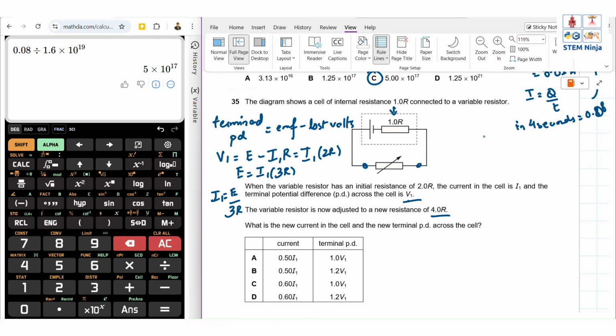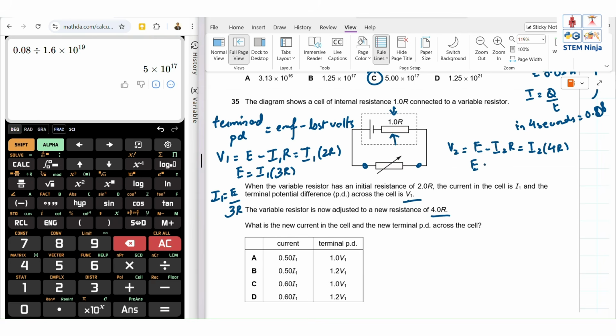Let's just stick to this first, and then we'll see what we have. This is I1. Now we have 4 times that. E remains the same. So V2 is now E minus I2R. The internal resistance remains the same, but the external resistance is now 4R.